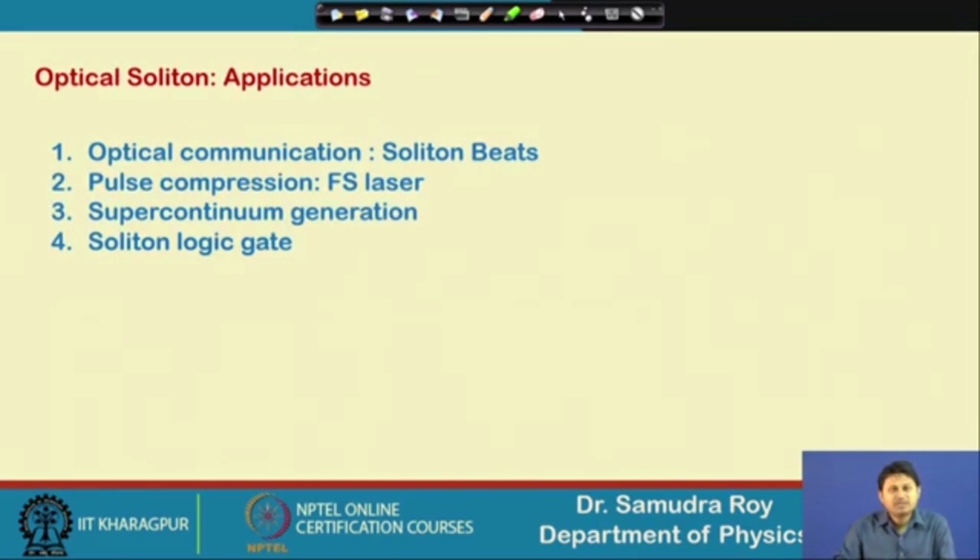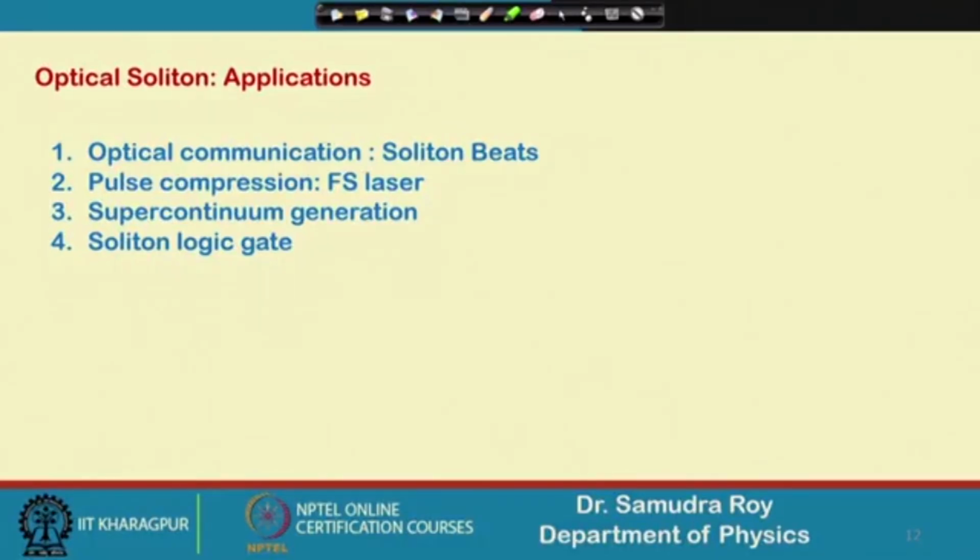Well, finally, we have some applications of optical soliton. There are a few fields where optical solitons are applied, mainly in optical communication, where soliton bits are there. Soliton bits basically give you, because it is a stable structure, it will propagate without any distortion. So, we have an application in optical communication.